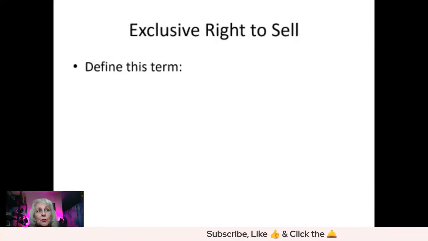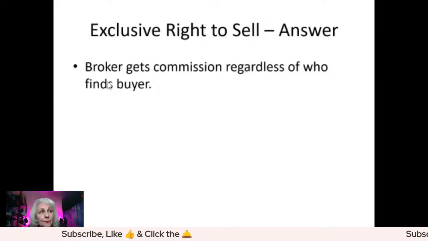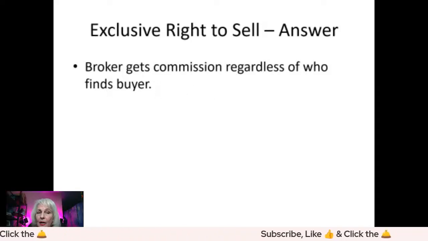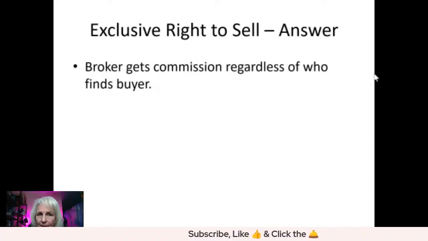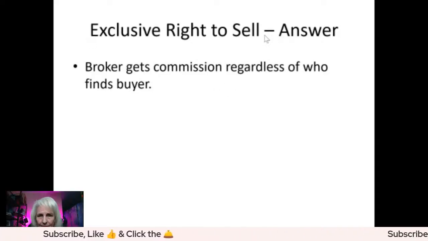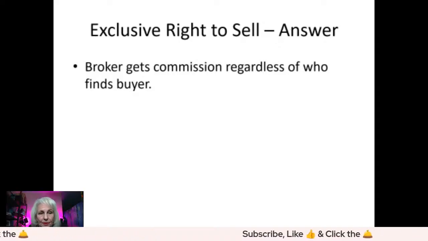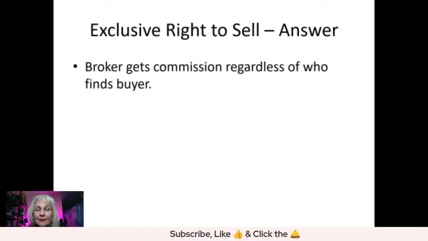So an exclusive right to sell, it's one of the types of listing agreements. A broker gets commission regardless of who finds the buyer. That is exclusive right to sell. That's the type of listing that we want to get and that you want to get and come to agreement with a seller.